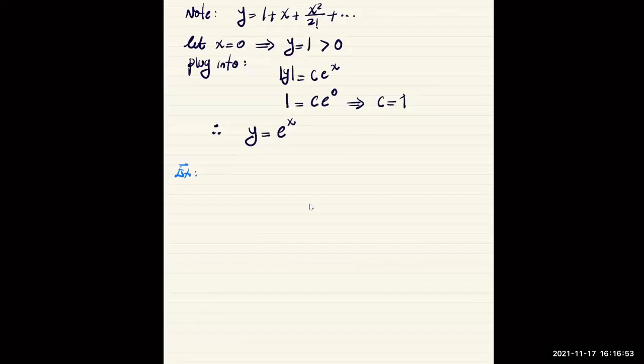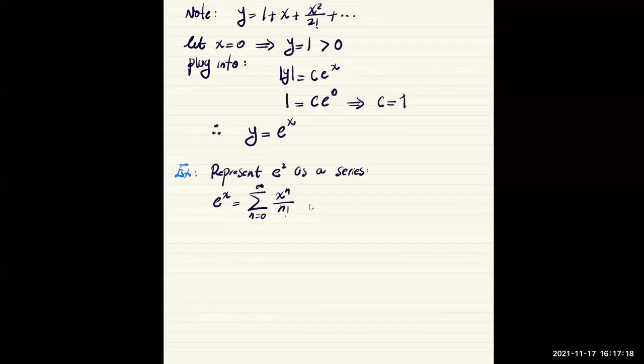e squared? So represent e squared as a series. All right, so we know that e to the x is equal to the sum of x to the n over n factorial. So what do I do to represent e squared as a series, guys?